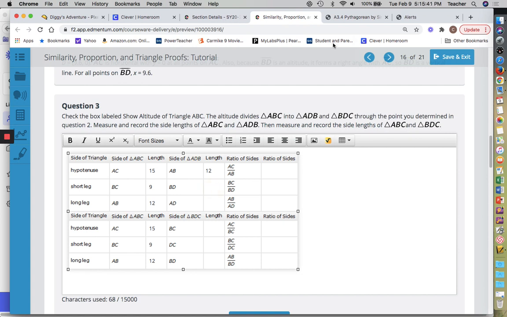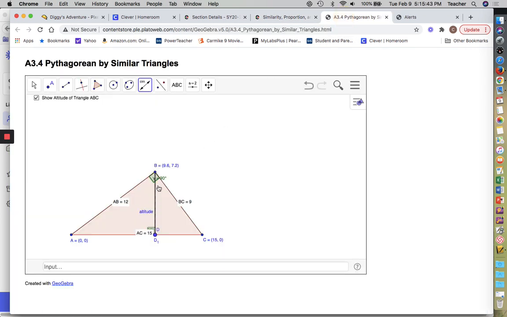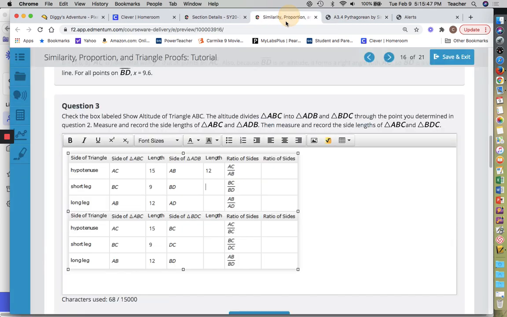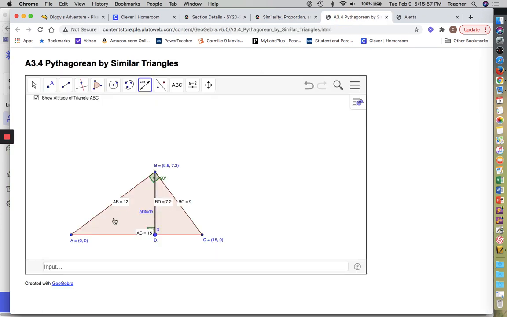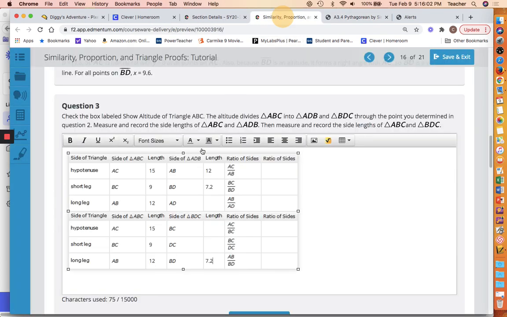Have I found BD yet? BD? No, I have not. So BD is 7.2. Do I got another BD on here? Yep, 7.2. Okay. Gotta find AD. So click on A to D. I got 9.6. So put in a 9.6.